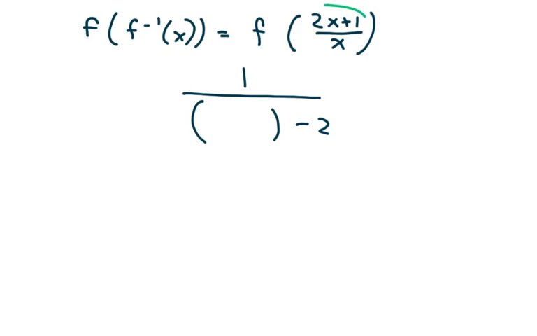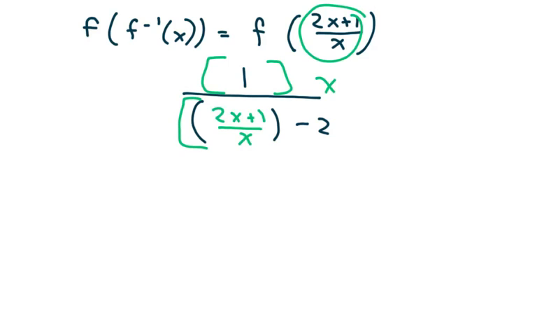And I'm going to input my inverse of 2x plus 1 over x. Now what I want to do is clear this fraction in the denominator. So I'm going to multiply my numerator by x and also my denominator by x.